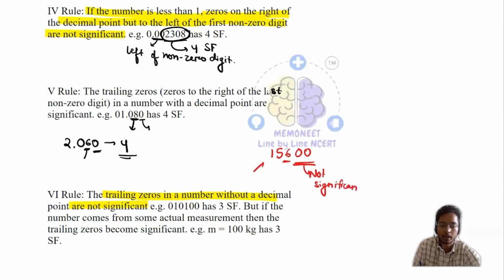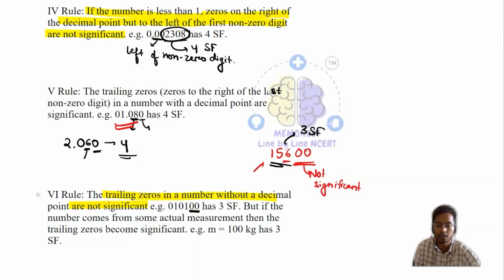But when there is a decimal point, any trailing zeros after the non-zero digit are significant. Here, with no decimal point after the non-zero digit, the trailing zeros will not be significant. We will have three significant figures. For example, here 01000.